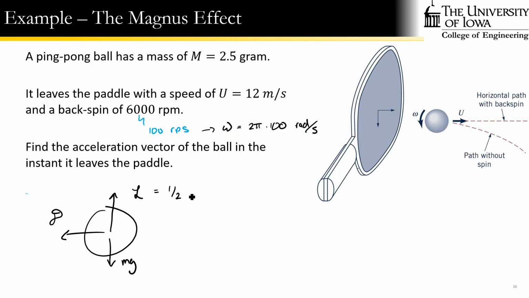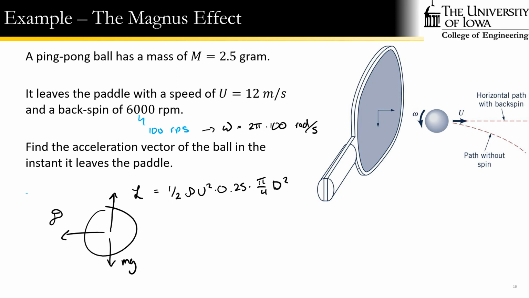The lift is one half rho u squared times 0.25 times pi over 4 d squared, right?